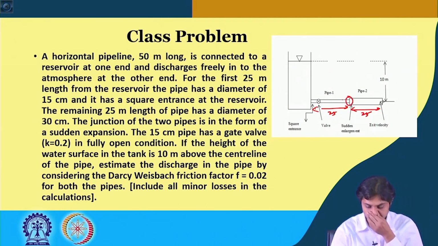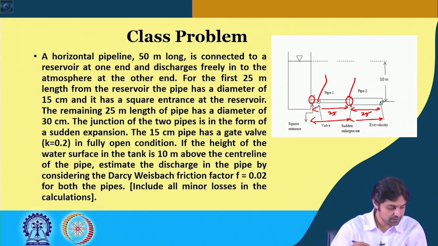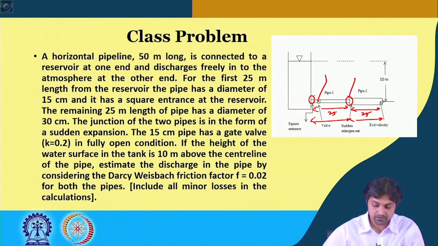There is a sudden expansion and a valve here, so there are going to be major losses here and here. Minor losses will be at this particular point, and there will also be a minor loss at the square entrance. All right.